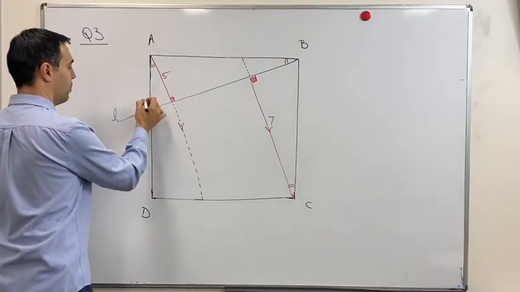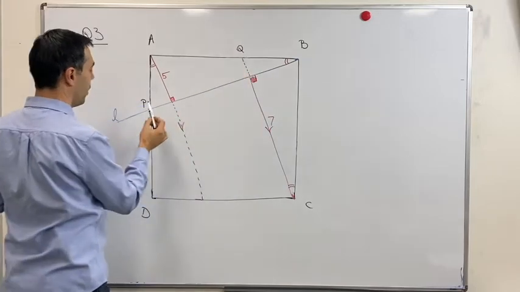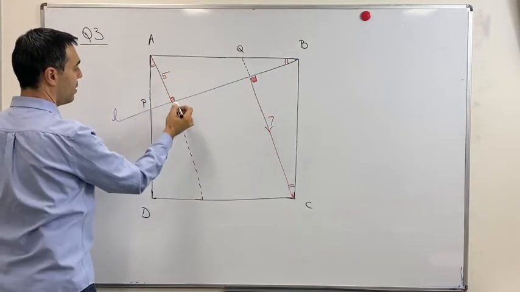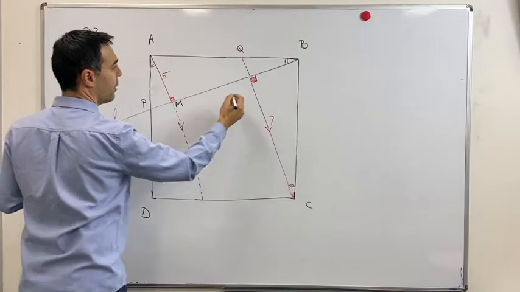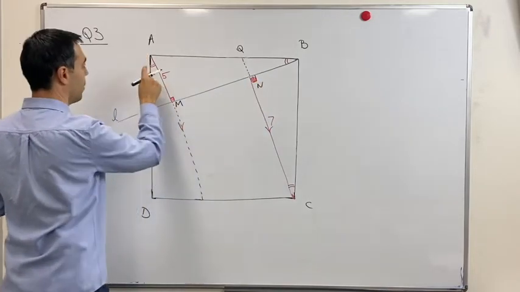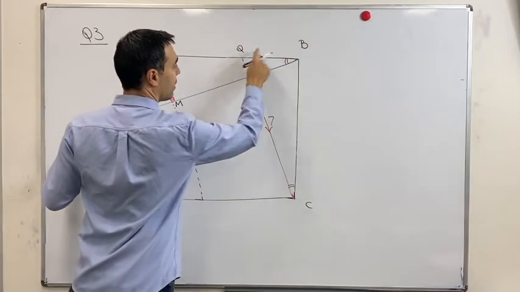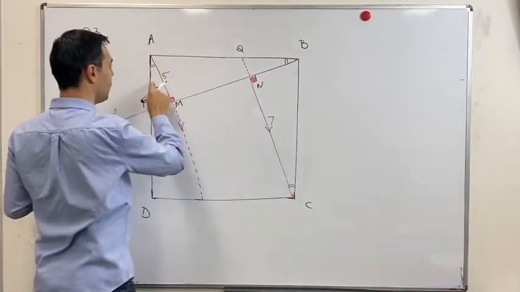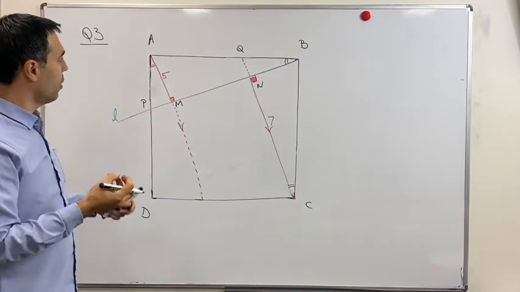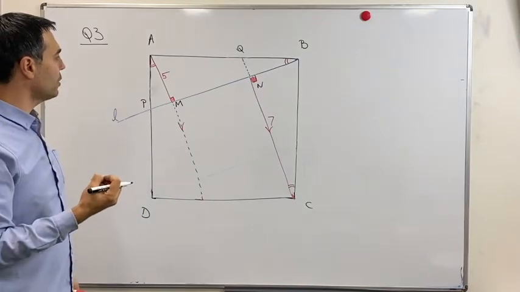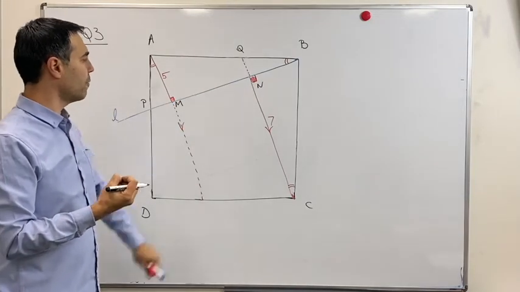Let's label this P and label this Q. Let's call this M, let's call this N. So I'm talking about this angle PAM, and this angle QBN are equal. So basically that's the most important thing we have to know to solve this question.